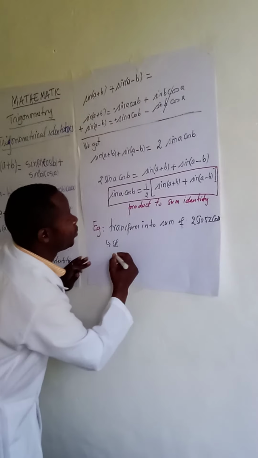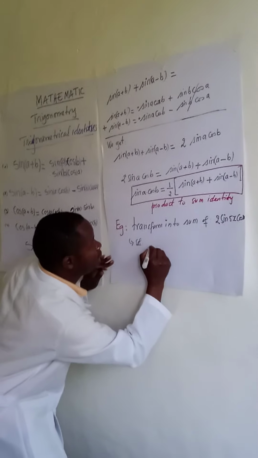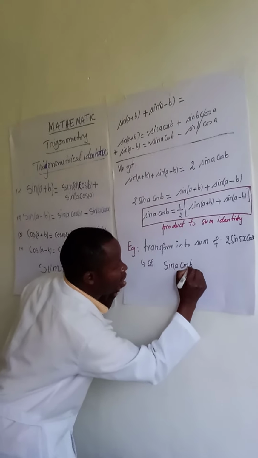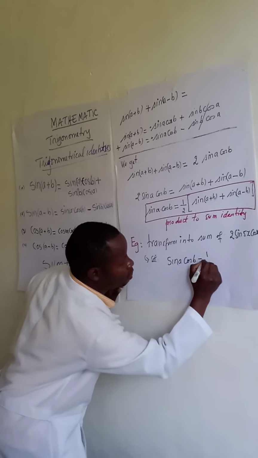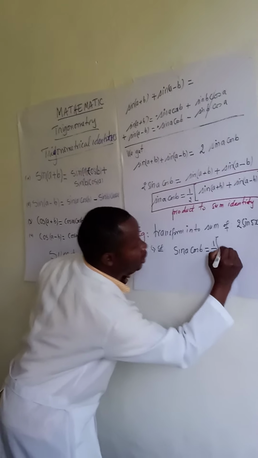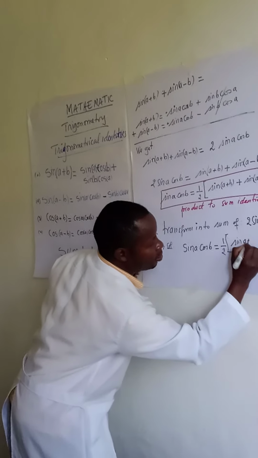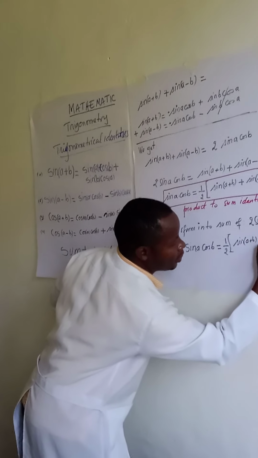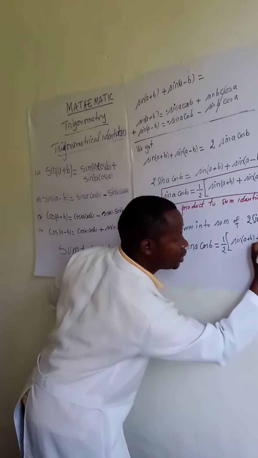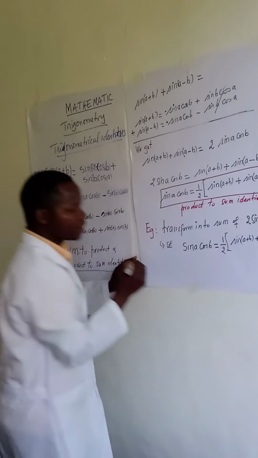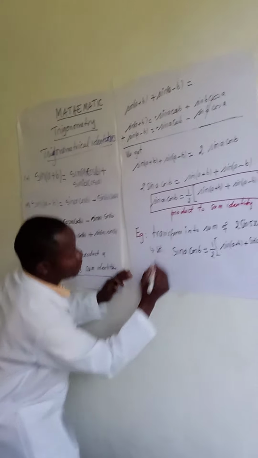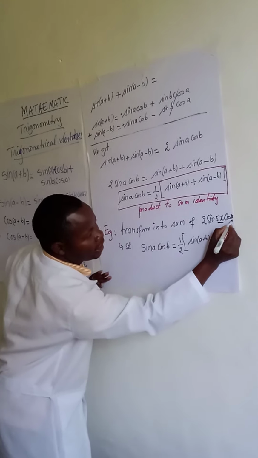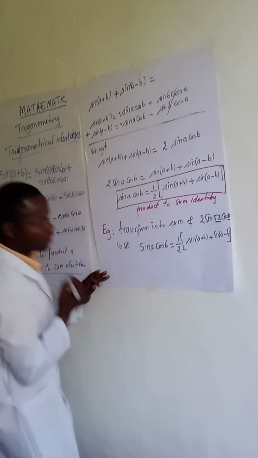We know that sine of an angle A times cosine of an angle B is equal to a half of sine of an angle A plus B, then plus sine of an angle A negative B. So we put there the brackets. For us, the given expression is 2 sine 5x and cosine of 3x.